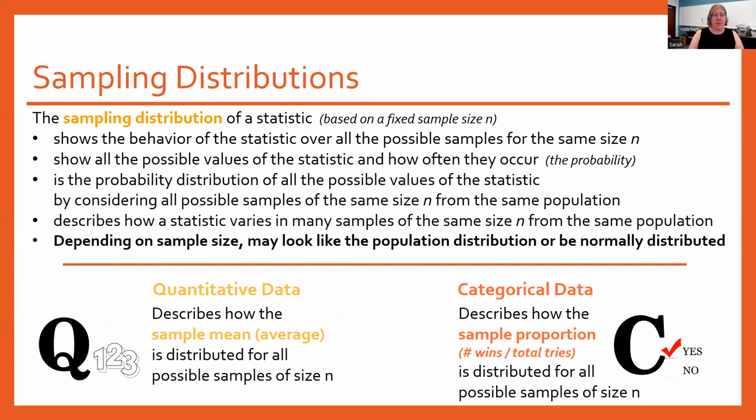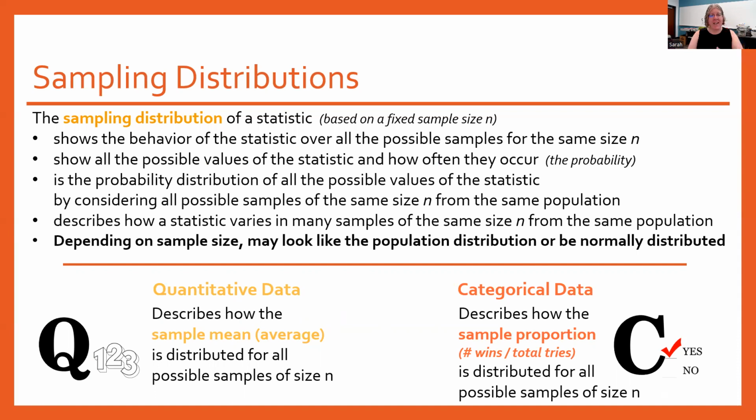This sampling distribution shows the behavior of the statistic over all the possible samples. If I just kept pulling samples of 50 from Western over and over again until I came up with every possible combination of 50, that's what we're talking about here. It'll show all the possible values that the statistic can take on and how often they occur, that probability.